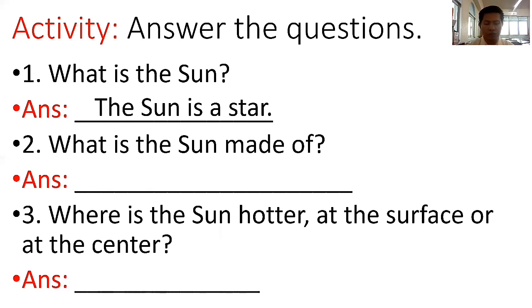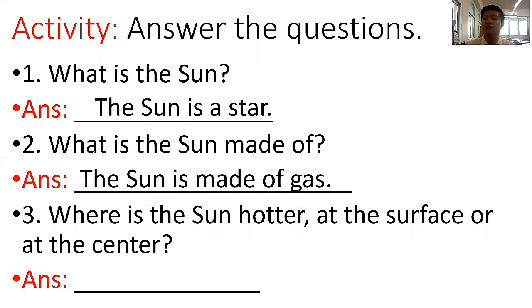Okay, let's go to number 2. What is the sun made of? Okay, who could still remember our discussion a while ago? What is the sun made of? Very good. The sun is made of gas.